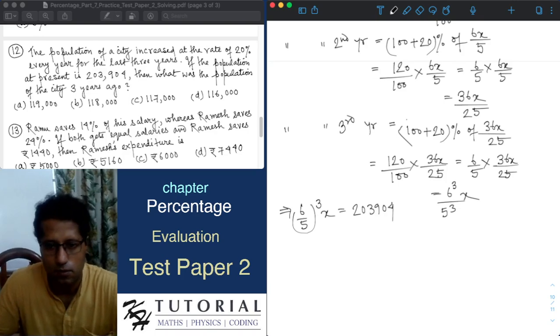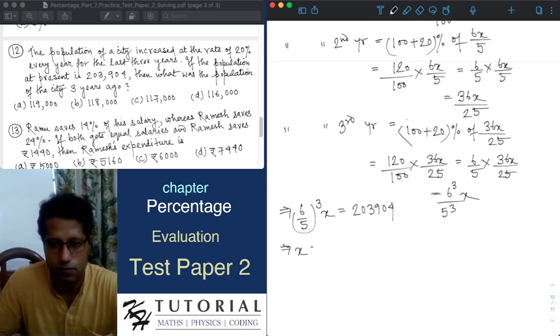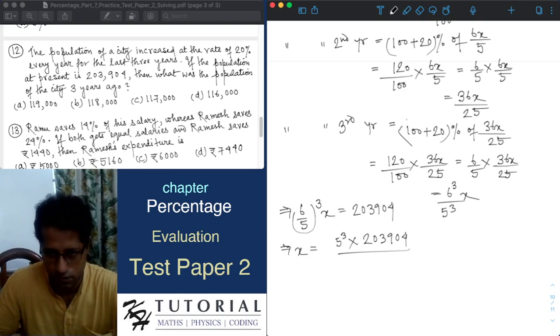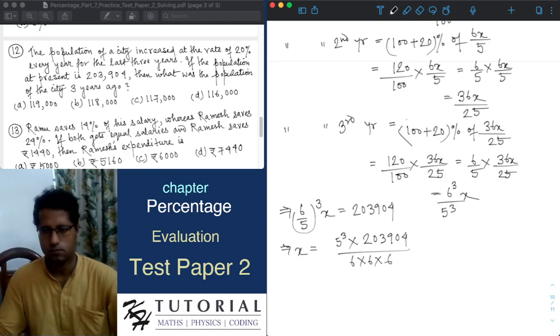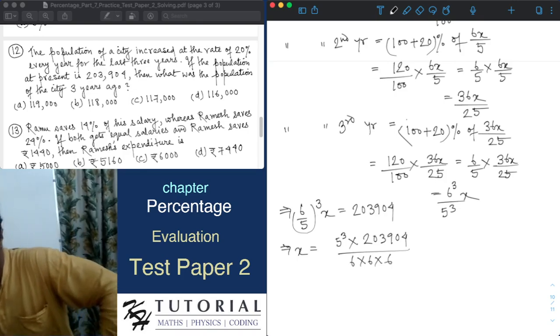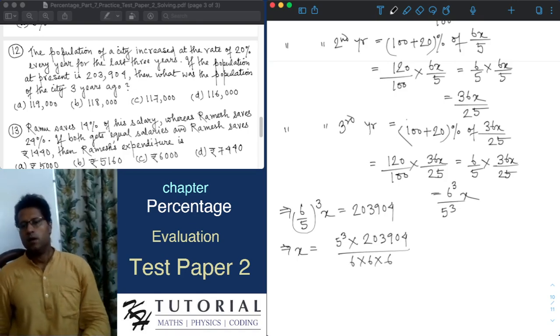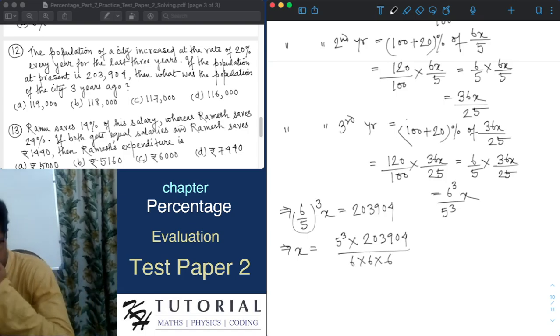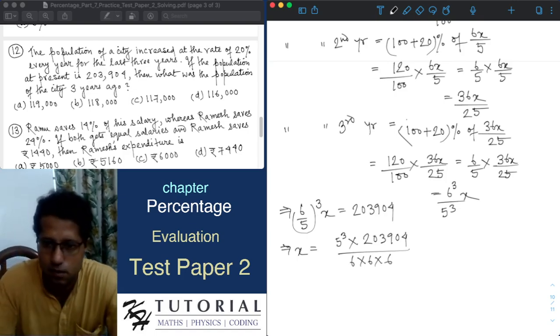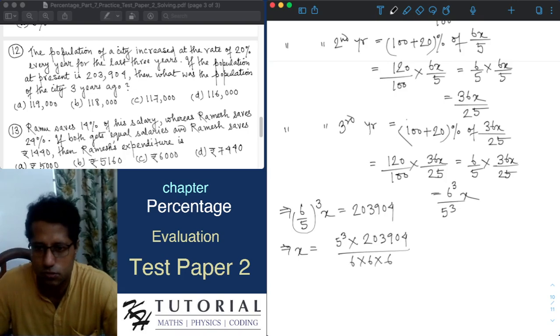203,904. This implies x will be equal to 5 cube multiplied by 203,904 divided by 6 cube, that is 6 multiplied by 6 multiplied by 6. I hope 6 will divide 203,904.